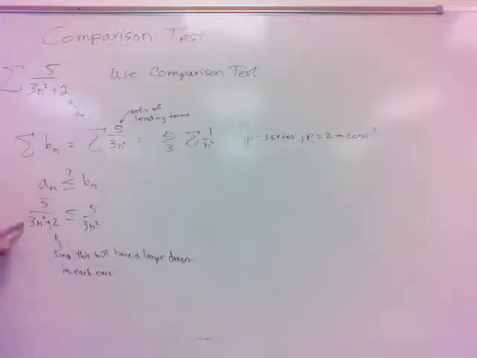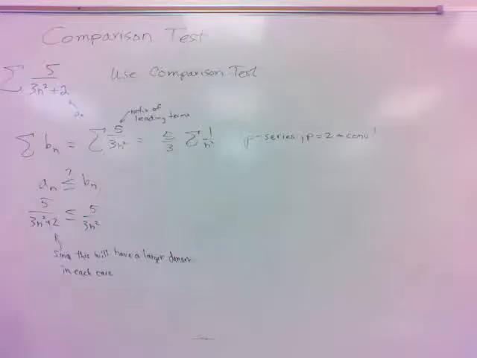Well, it would have a smaller denominator, and so this term would be bigger than that term, wouldn't it? 5 divided by a smaller denominator would be bigger than what you got over here. So if that was minus 2, that would make a big, big difference. But since it's plus 2, we've got a bigger denominator, so this would be a smaller number than you got over here. We're good.